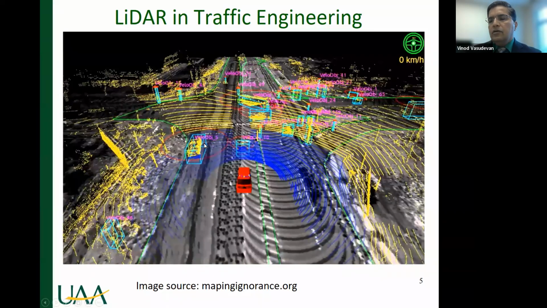You can detect other vehicles, static objects and dynamic objects around the LiDAR. Once you have the information at a high frequency, you can use it to measure various things. We'll discuss some of the applications.